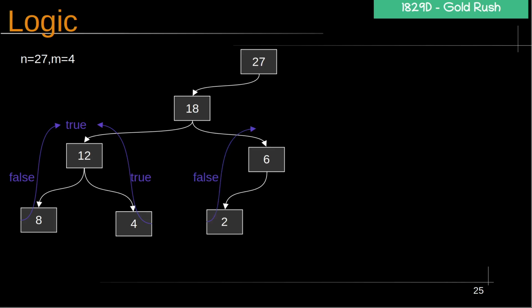We return false here because 2 is not divisible by 3. And we have 4 here. 4 is equal to m. We return true. False or true, we have true.